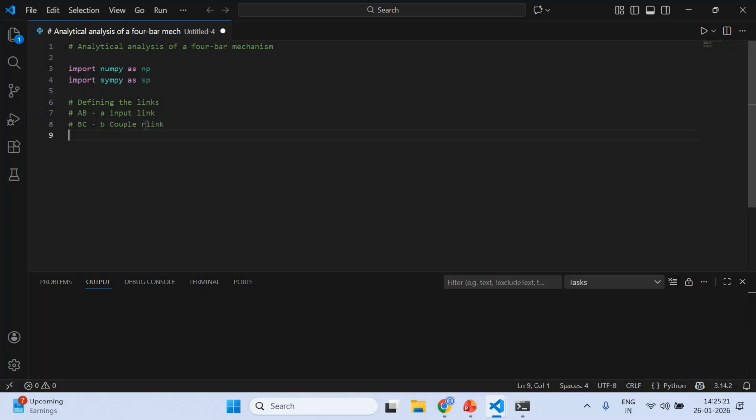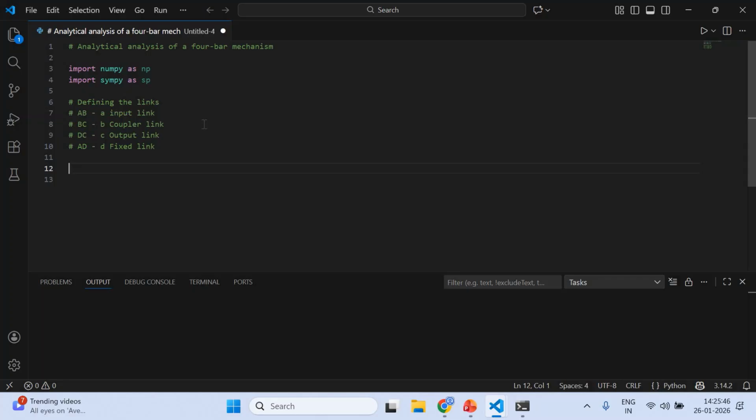We are exactly following the same notations that we have used before. So this is my coupler link, then DC is C, the output link, and then finally we have AD, which is D, the fixed link.